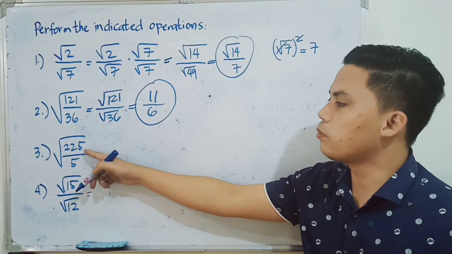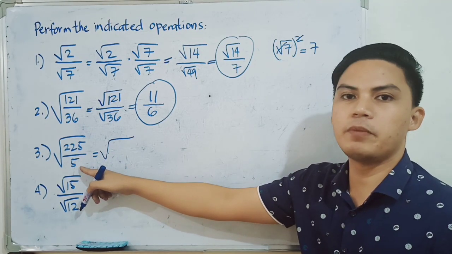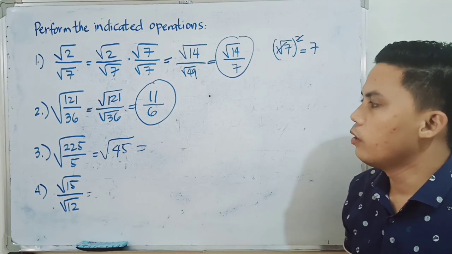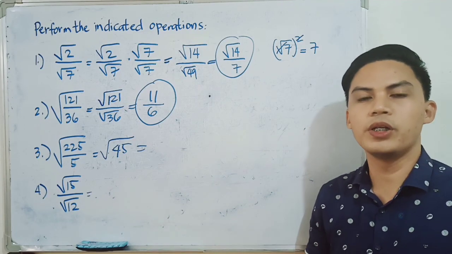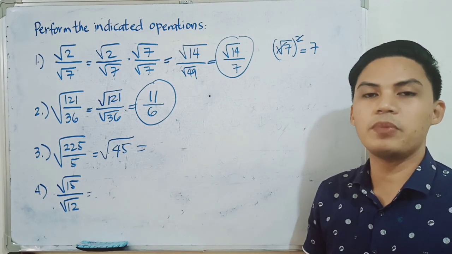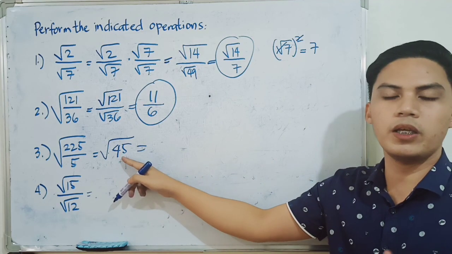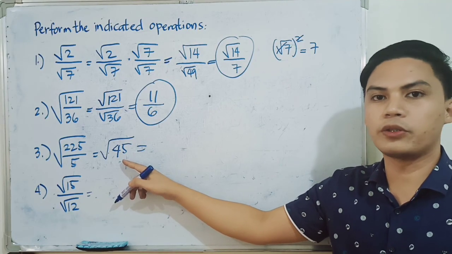So, let's have this one. 225 divided by 5, that would be equal to 45. So, since magkakaiba yung mga steps natin, yung last step natin is to make sure na yung answer natin is nasa simplest form. So, titignan natin yung 45, may factors pa si 45, o pwede pa natin siyang ma-express as product of two factors.